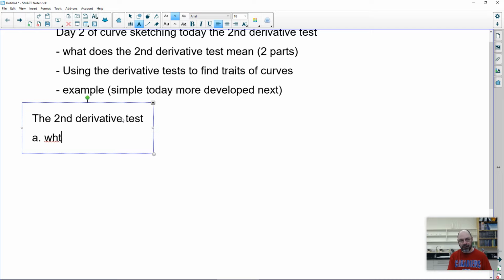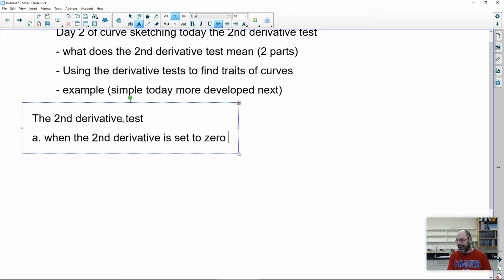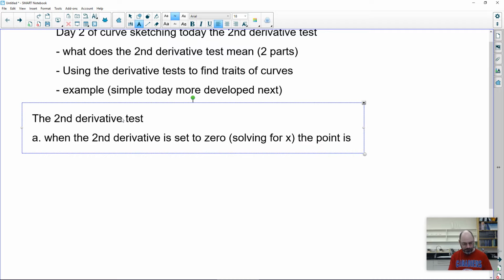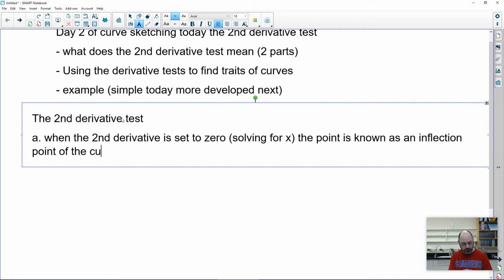First thing it tells us is that when the second derivative is set to 0, and then you solve for x, the point is known as an inflection point of the curve.